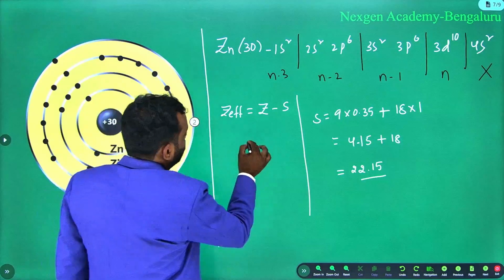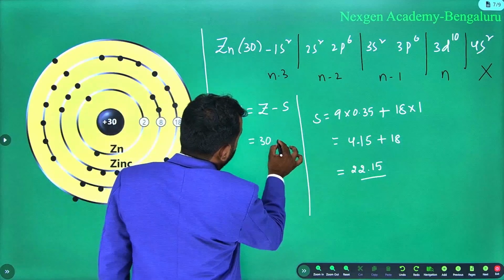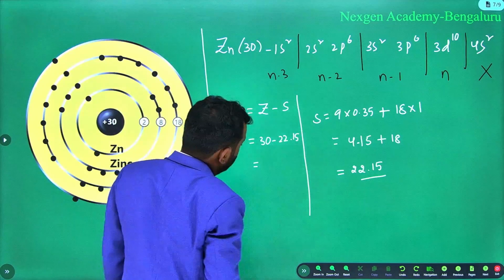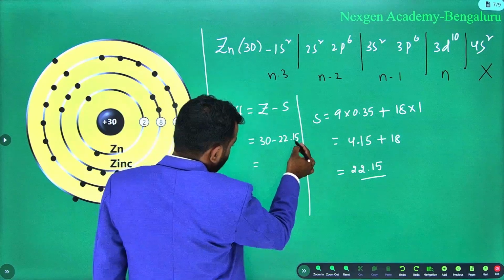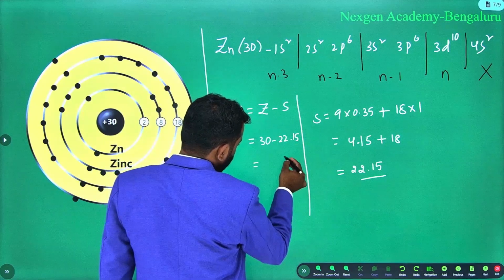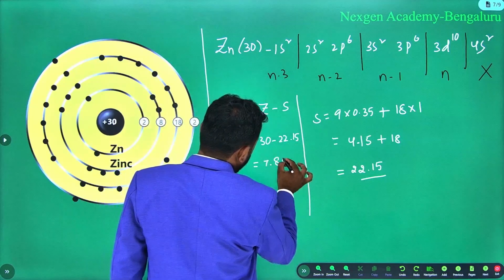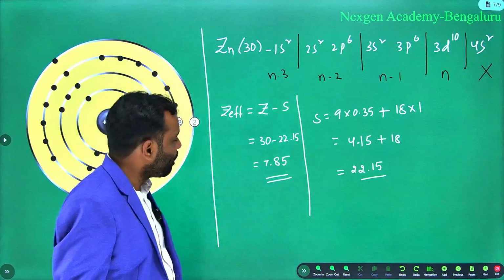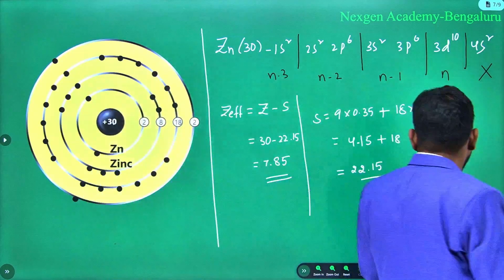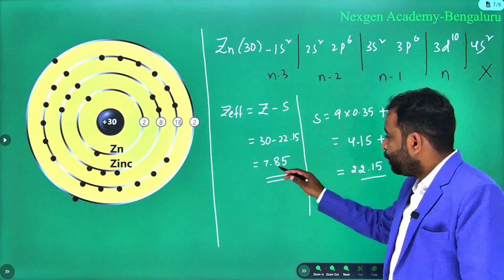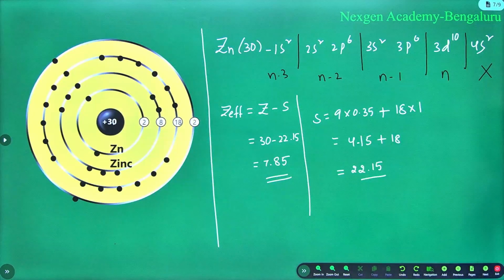Right? So now calculate 30 minus 22.15. How much? 7.85. Look at that. We expected 30 protons of attraction, but in reality it is 7.85 protons of attraction. The effective nuclear charge decreased.